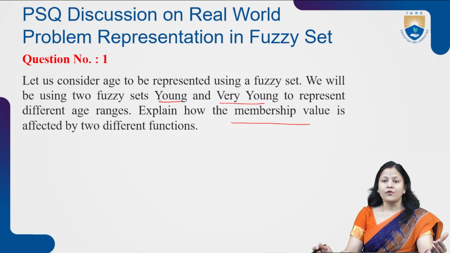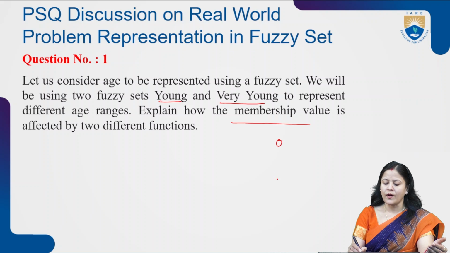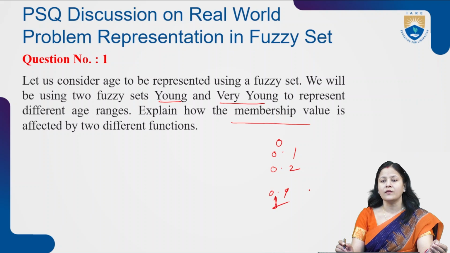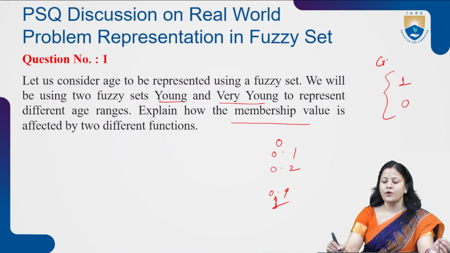Now, what is the meaning of membership values? In fuzzy set or fuzzy logic, the value ranges between 0 and 1. It may be 0, or 0.1, or 0.2, up to 0.9, and the max value is 1. It is not fixed like Boolean logic, where if the statement is true we consider it 1, and if the statement is false we consider it 0.